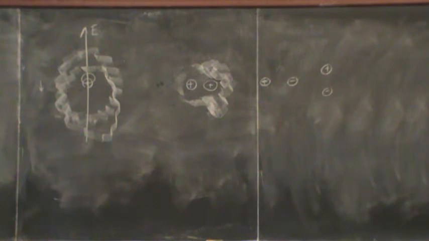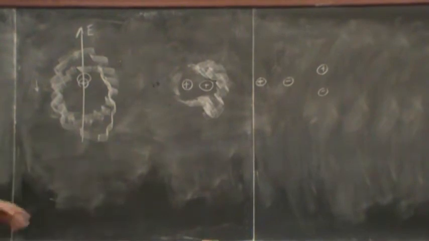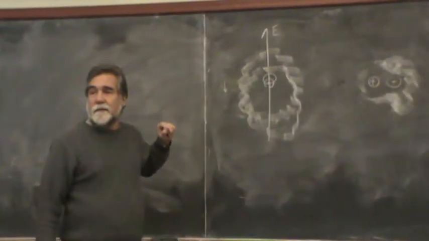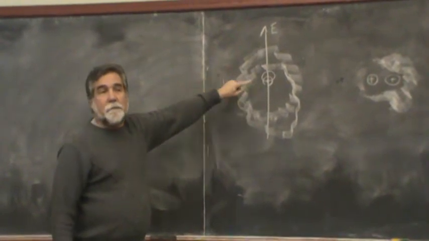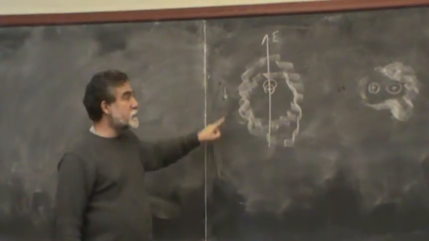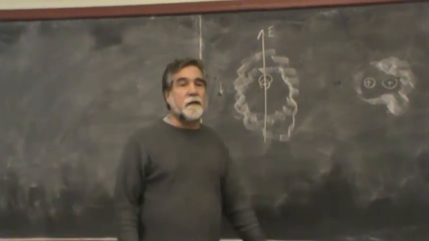You apply an electric field and you end up aligning atoms to oppose the field. So adding an electric field creates a dipole moment in the direction opposing the field. The direction of the plus minus charge opposes the field.